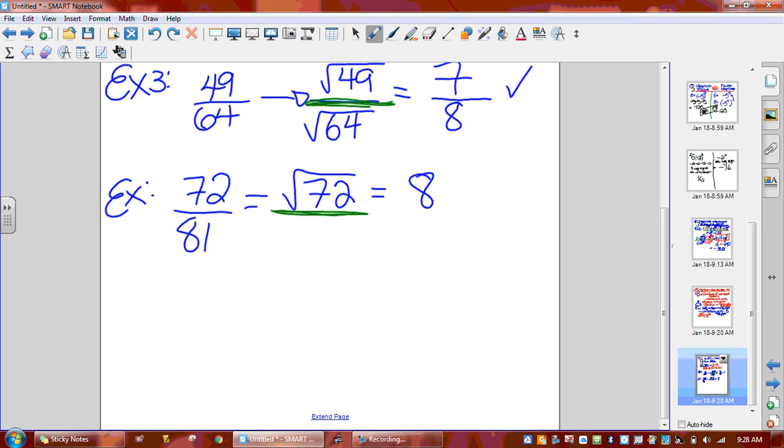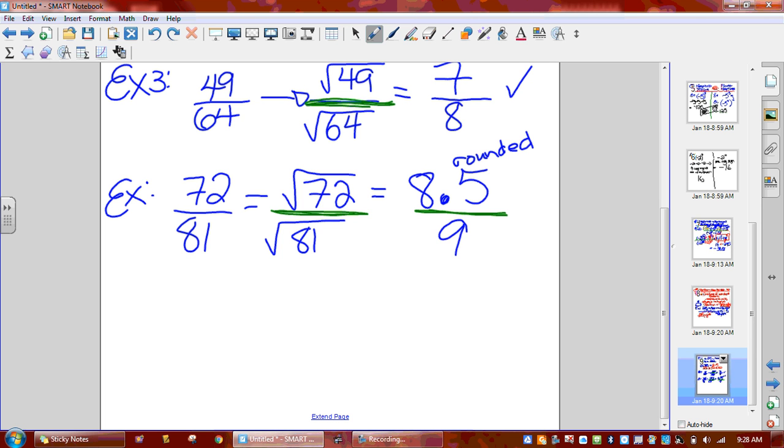Does it round to 8.5? Yes. Okay, so we're going to say 8.5. And again, this is rounded, not exact. And then this one here is the square root of 81. And how big is the square root of 81?